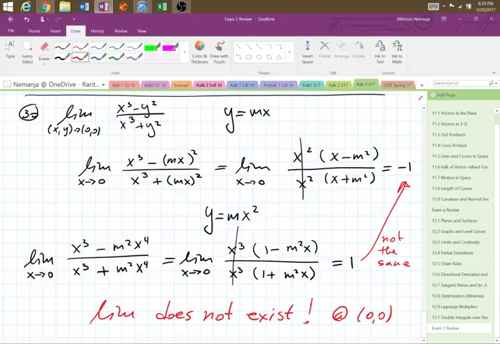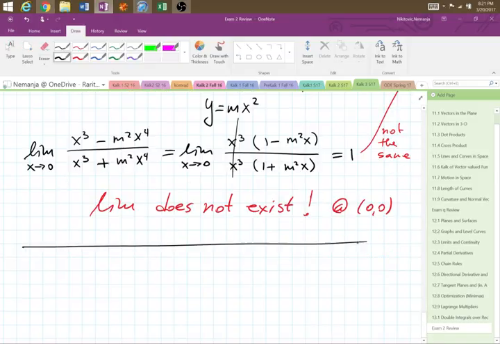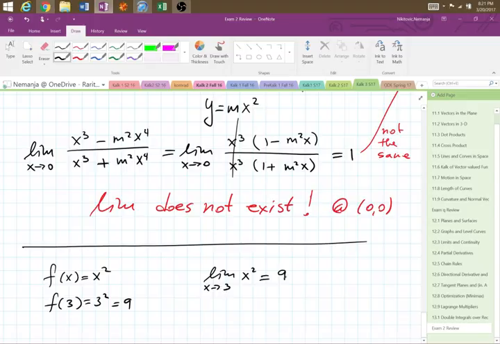But you have to understand the limit is just a y value that is computed. So you draw the same parallel like you did in a pre-calculus class, when you say f of x is equal to x squared, f of 3 is 3 squared, which is 9. Same thing with the limit of x squared as x goes to 3 is 9.